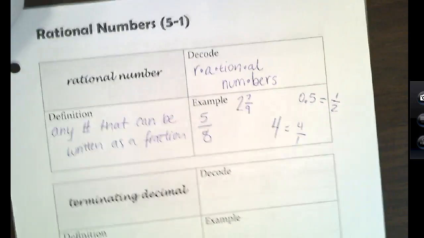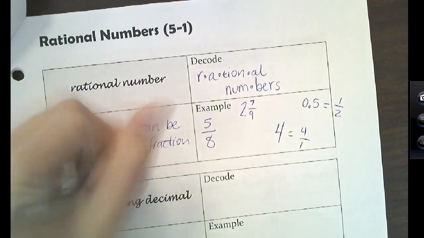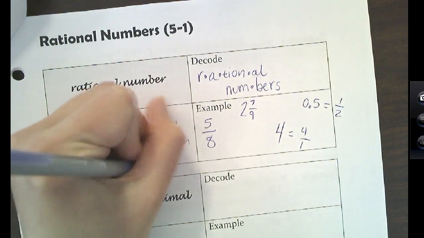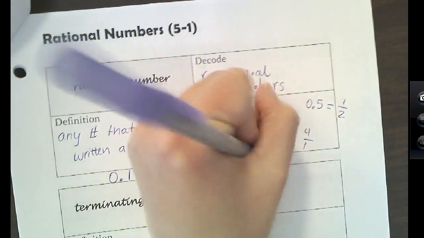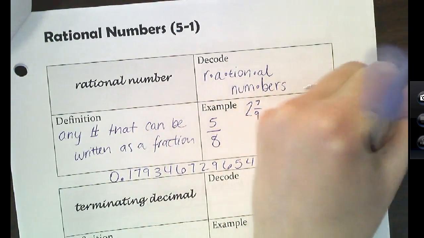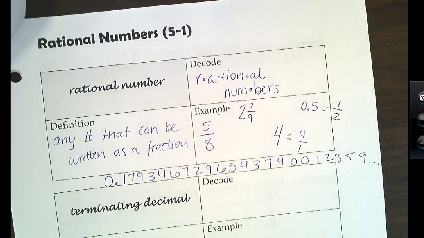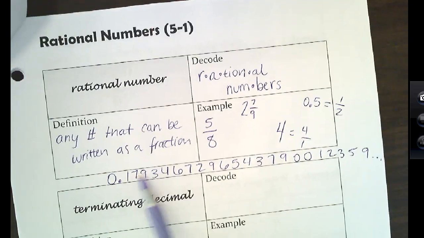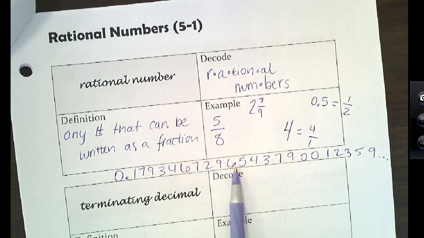This decimal right here, I'll give you a non-example. This decimal is a non-example. Yes, that decimal that I just wrote is what we call an irrational number, which means not rational, because it just keeps going on forever and ever, and it doesn't repeat in a certain pattern.